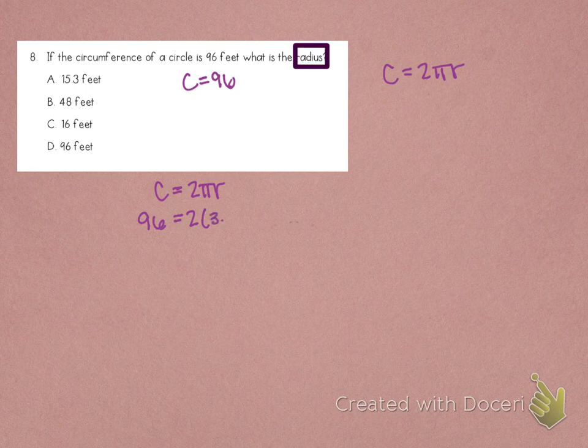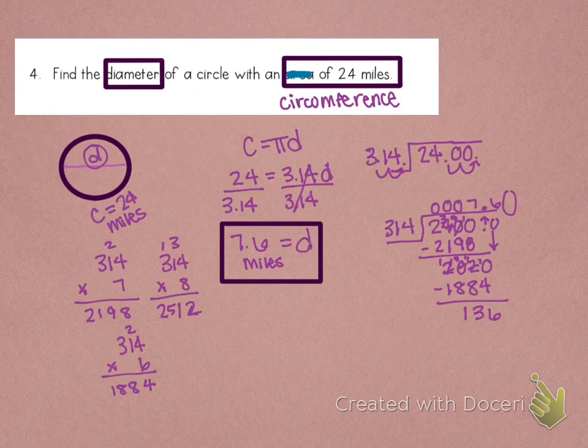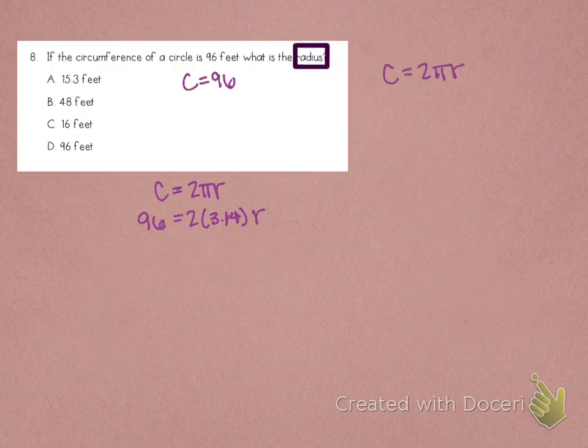We know that pi is 3.14, and we don't know radius. Okay, so here inside this formula, so earlier we plugged in for C right here, and we only had one step, which was to divide. Okay, but because we're plugging into a different formula, we actually have one step before we divide, which is multiplying these two numbers. So 96 equals 2 times 3.14.